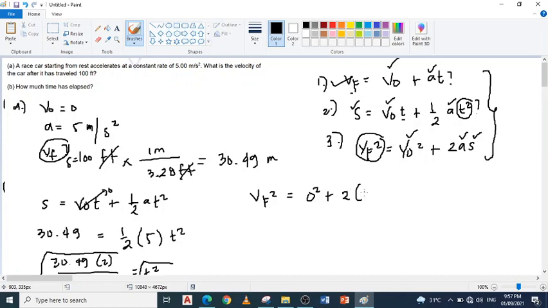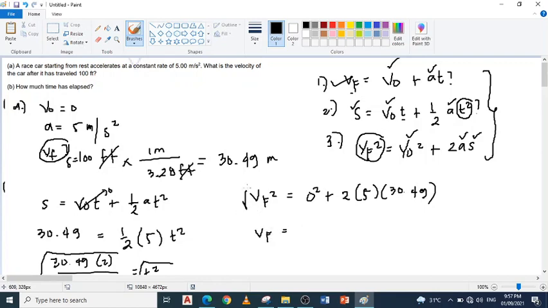Acceleration is 5. And then, distance traveled natin is 30.49.